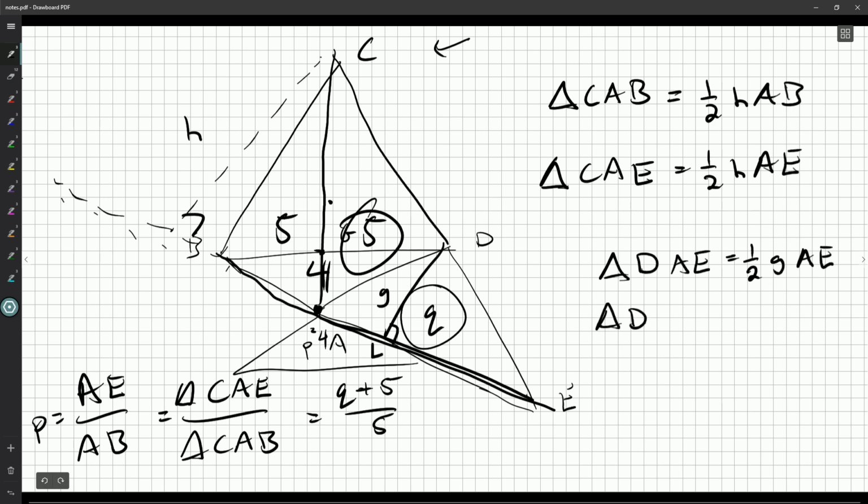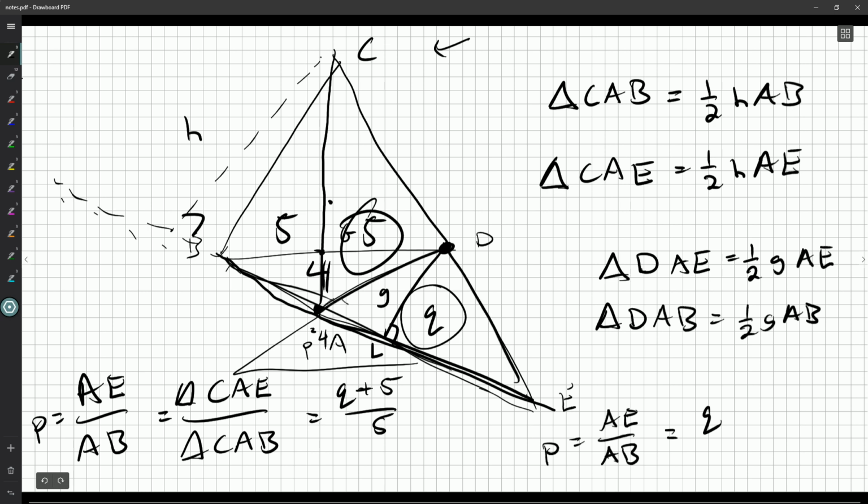And triangle DBA, again same base, I'm going to say AB, and that uses the 4 quite nicely, is 1/2, same height, because it's all coming from the same point and the same base, times AB. So again, P is AE over AB, and this should involve a 4, not a 5. And so it'll be Q, this area, over 4. And now I've got two equations. I can solve for Q, and then I can solve for P.